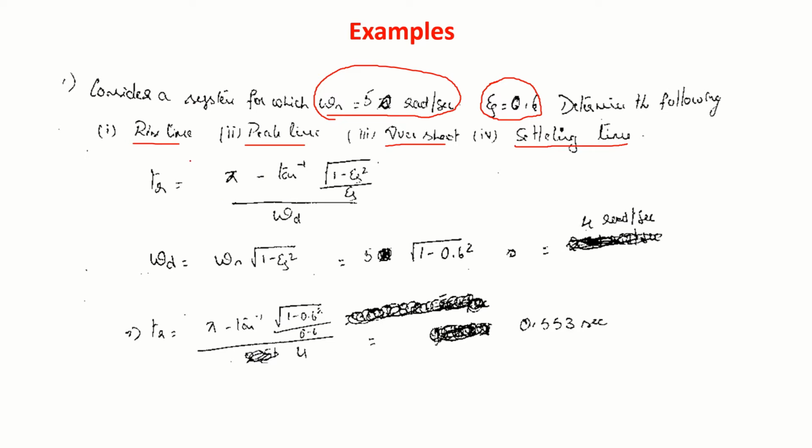Just substitution into this equation. Rise time is pi minus tan inverse of root of 1 minus zeta square by zeta, divided by omega_d. Omega_d is nothing but omega_n under root 1 minus zeta square. Substitute, you will get this. Okay, all the values you substitute and you'll get the rise time.